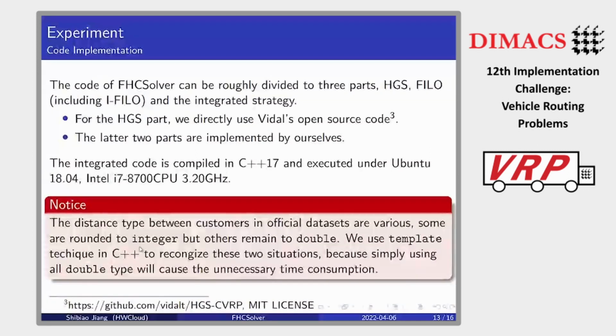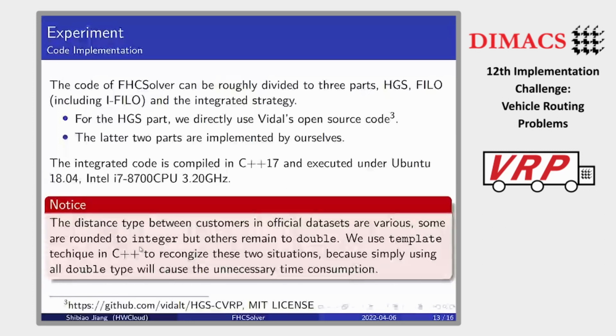And the code of the FHCSolver can be roughly divided into 3 parts: the HGS, the Philo, including the iPhilo, and finally the integrated strategy. For the HGS part, we directly use Vidal's open source code. You will find the website at the bottom. And the latter 2 parts are implemented by ourselves.